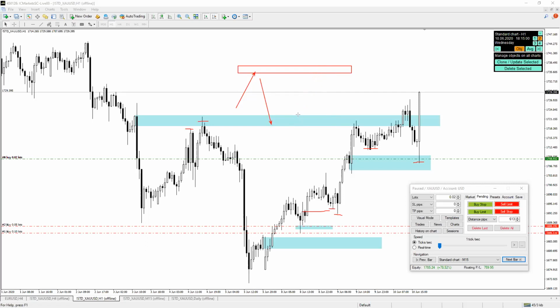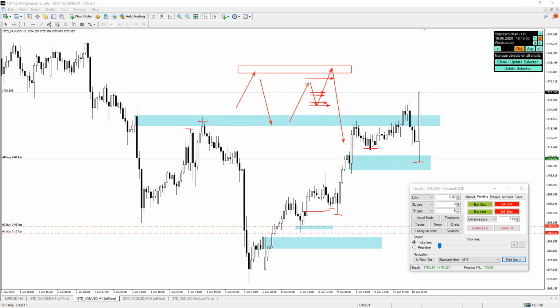But how price does it is, it'll come, grab a bit of liquidity, and trap people, because most people will be trying to sell from this point. Some people will try to get in early. All these guys have their stop losses above this high. What price ends up doing next is taking out all their stop losses, and then we push in the direction that we wanted. Then this guy will be like, I got in too early or too late.